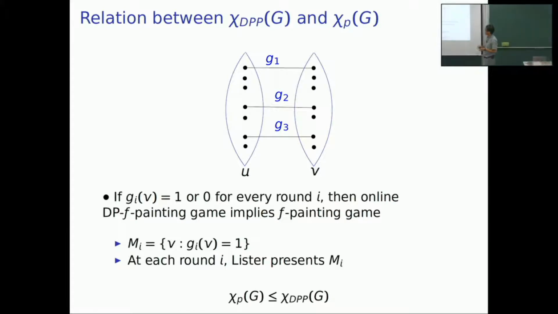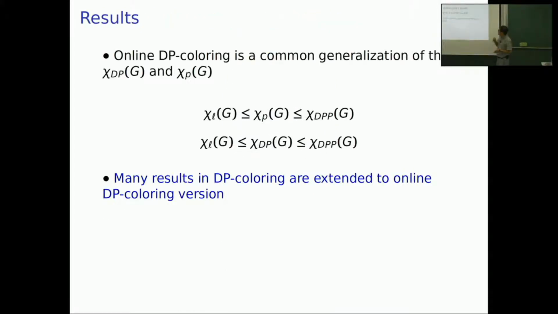So we're looking for the properties of online DP coloring. So far, the good thing is that so many nice properties of list coloring and DP coloring can be extended to this online version.